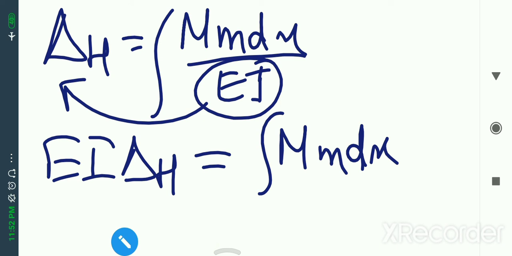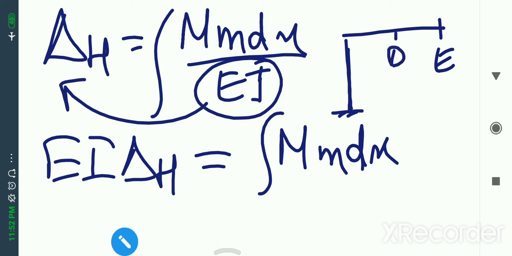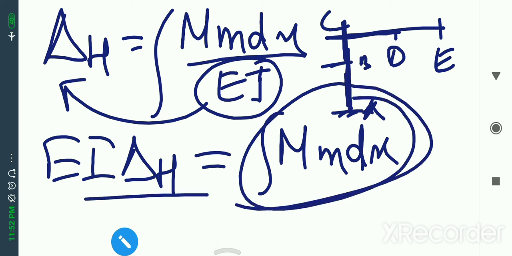If this is the frame, this was point E, point D, point C, point B, point A. For AD it will be from 0 to 1.5, for DC from 0 to 1.5, for CB from 0 to 2 meters, and for BA from 0 to 2 meters.